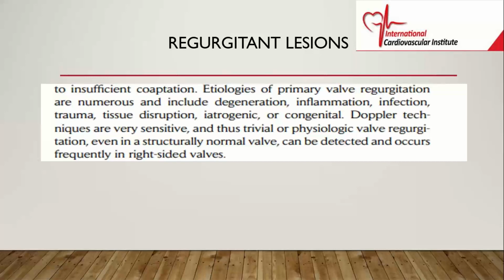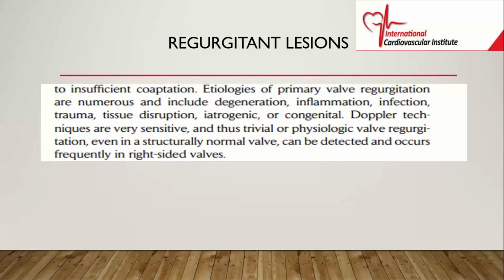If we're talking about primary valvular pathology, we're talking about degeneration, valvular degeneration, things like inflammation, infection, tissue disruption, iatrogenic or congenital. So those are some of the primary valvular pathology.